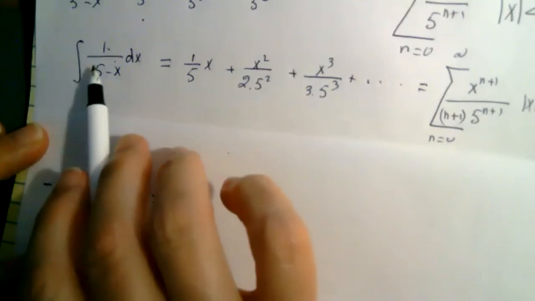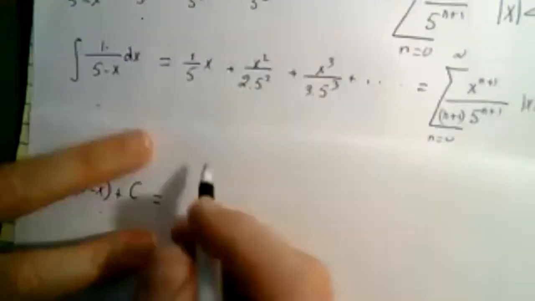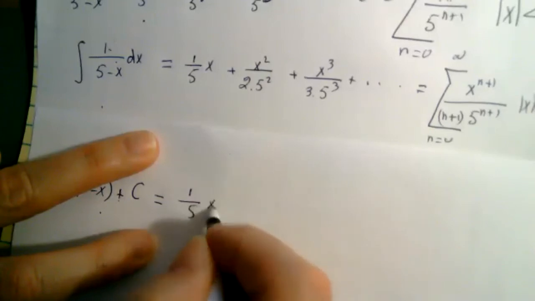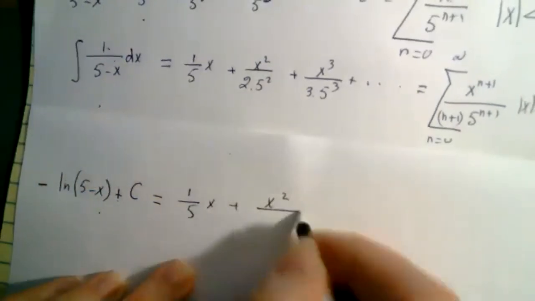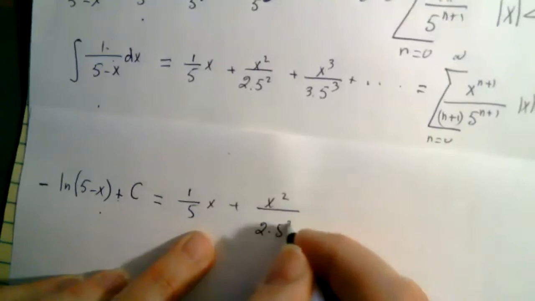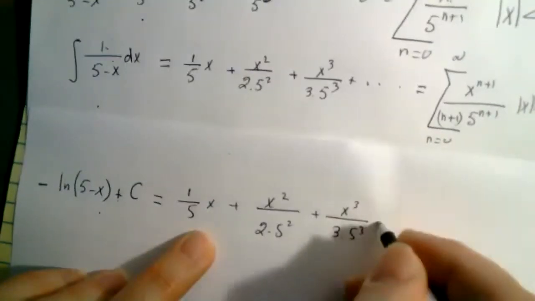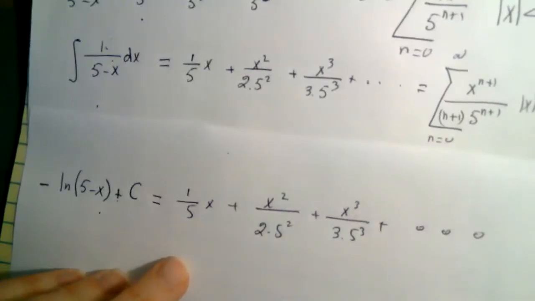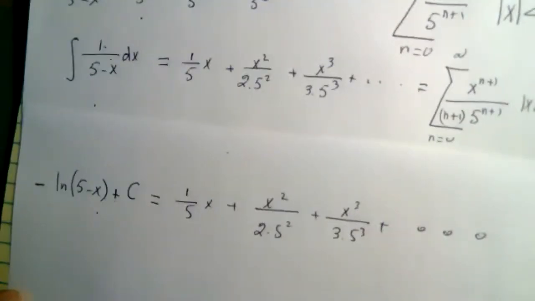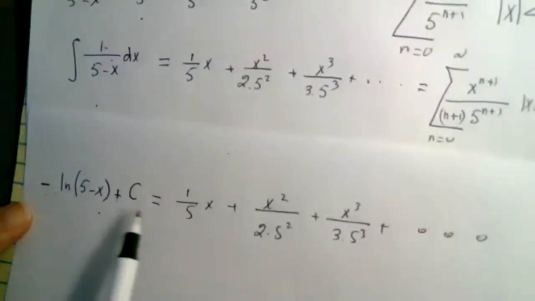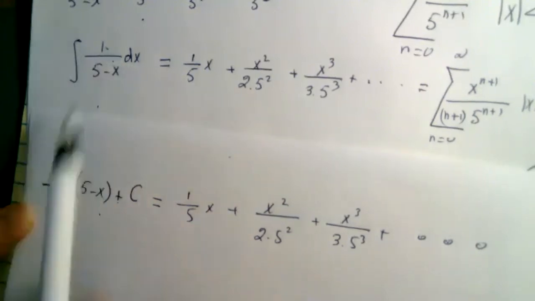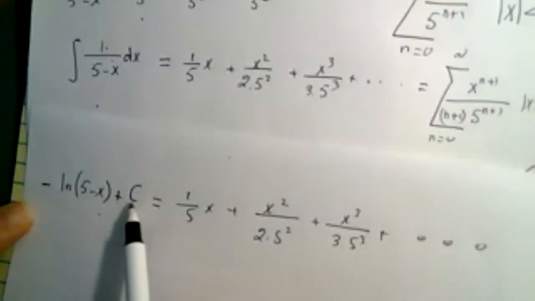So the antiderivative of that is the minus ln, and now I'm not going to write everything, I'm just going to write a piece, so we have to keep track of everything we're doing, plus dot, dot, dot. I'm going to drop the sigma notation, but I don't think it's going to be very crucial for us. Now we have two issues. We have a minus and we have the c, because the antiderivative of this function is minus ln plus a constant, because a constant doesn't matter when I differentiate it.